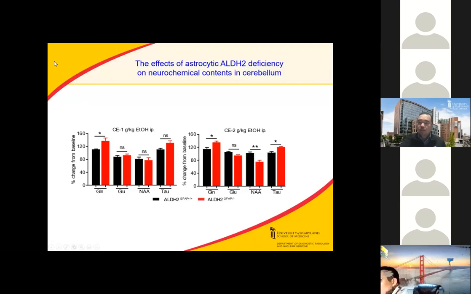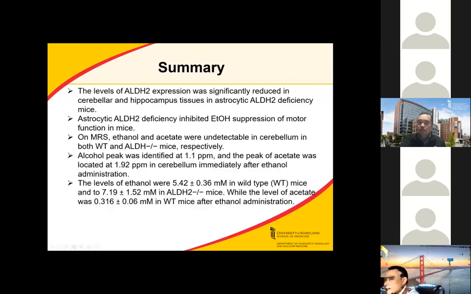So in summary, in this study we found ALDH2 may be overexpressed or mainly expressed in the cerebellum compared with other brain regions, and we found that alcohol metabolized in the cerebellum contributed to the behavior change, and maybe not from the peripheral alcohol metabolites.